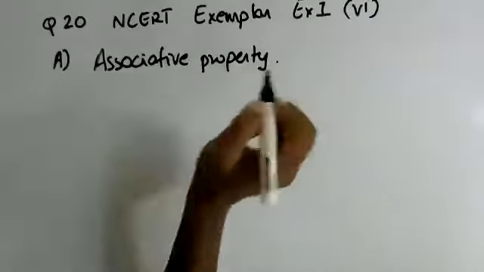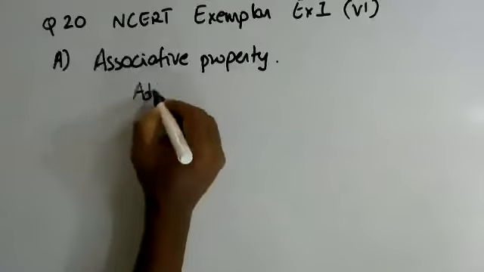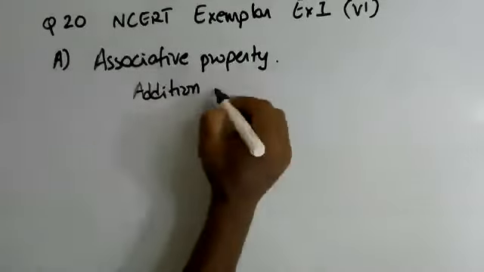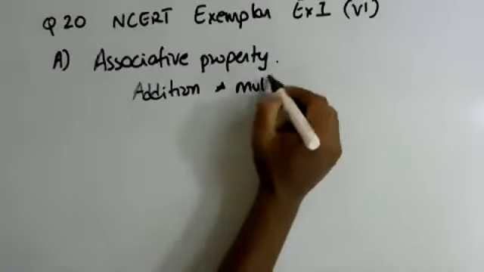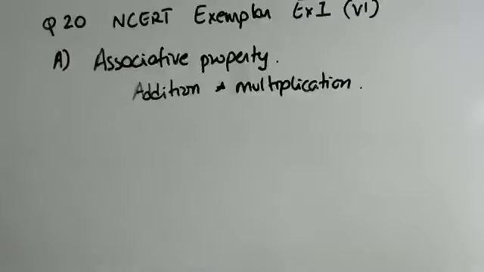Okay, so what it says is that both addition and multiplication are associative. Sir, how is multiplication associative? So the question is, what is the associative property? Associative means if you add 0, you get the same number.